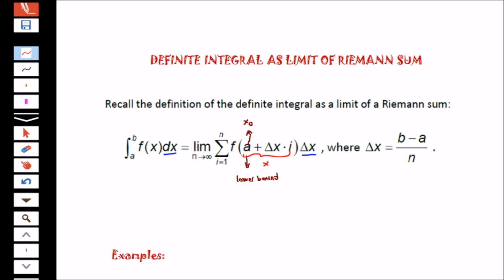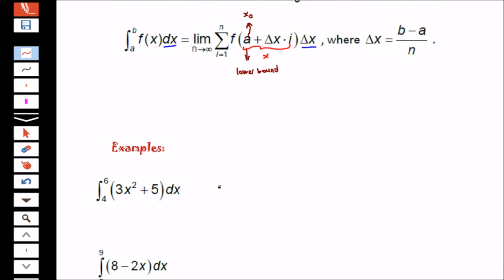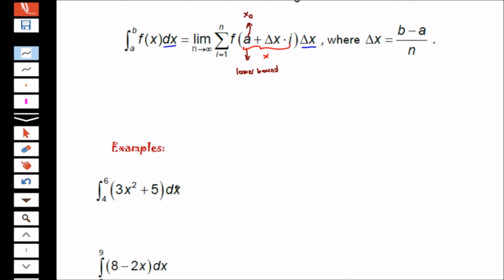Okay, let's start to solve some examples. Here I have a definite integral, and I will convert this definite integral into a limit of Riemann sum. This is general, so I will write n goes to infinity, sigma notation, i from 1 to n.